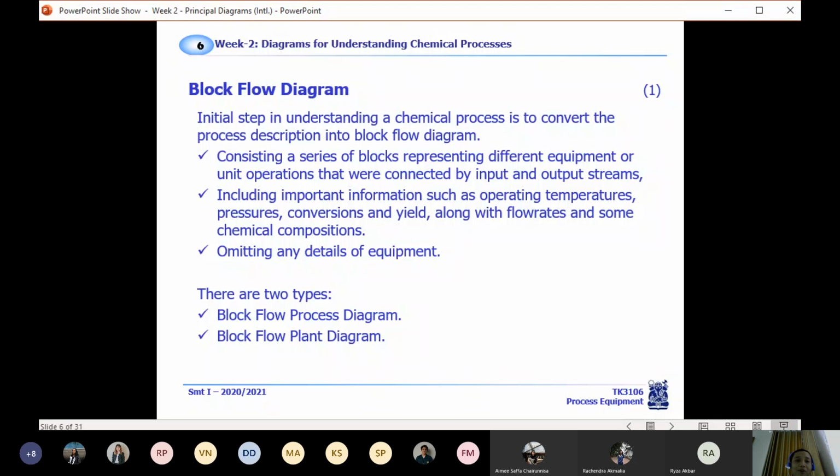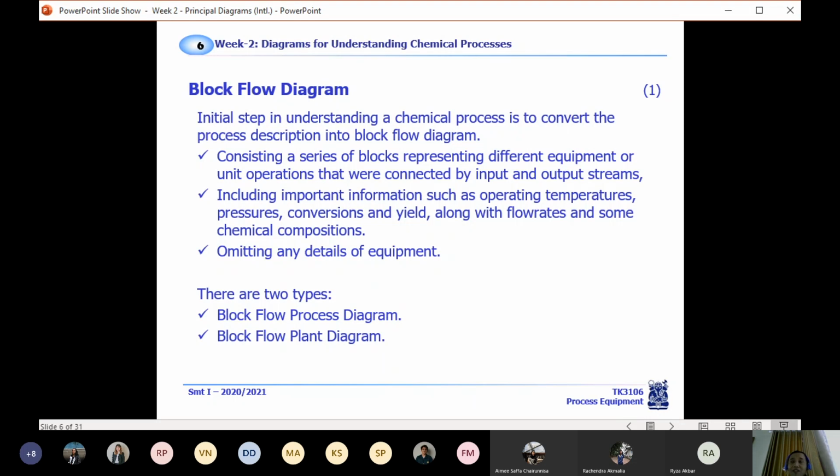Sometimes I call the block flow diagram a macro flow diagram. Macro means general. If you understand the management view, the block flow diagram is a kind of helicopter view.